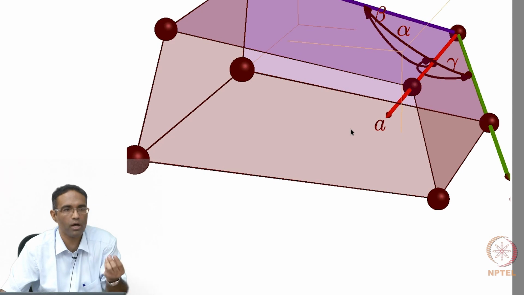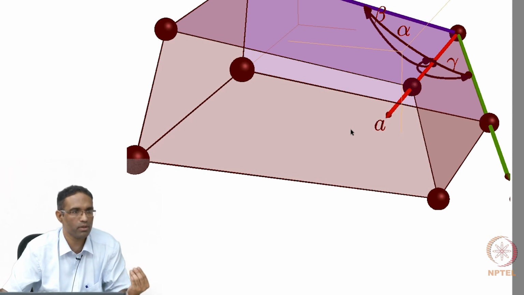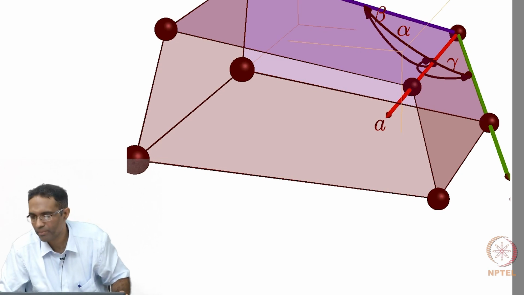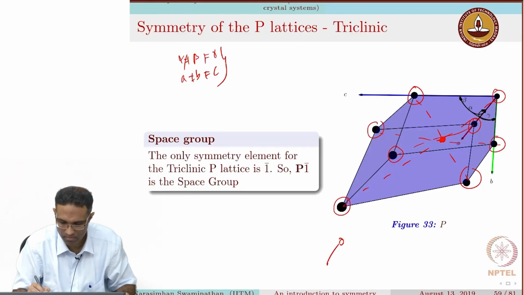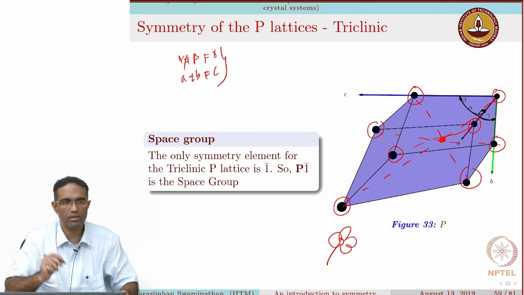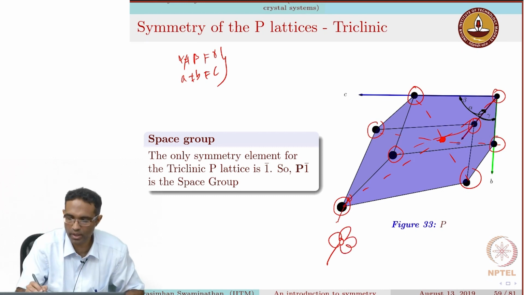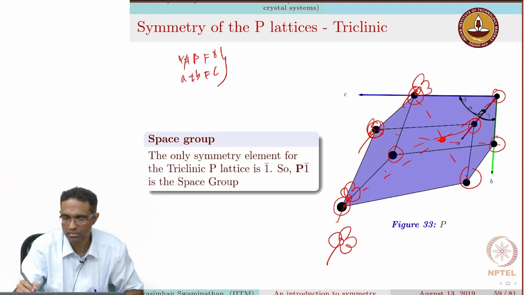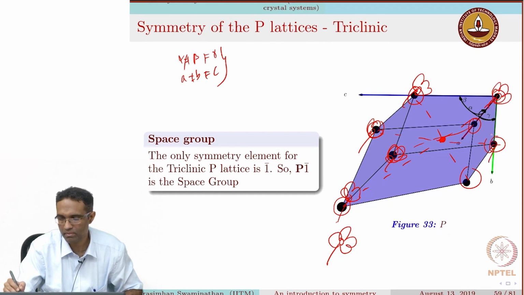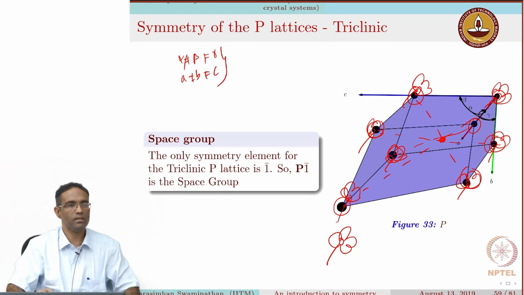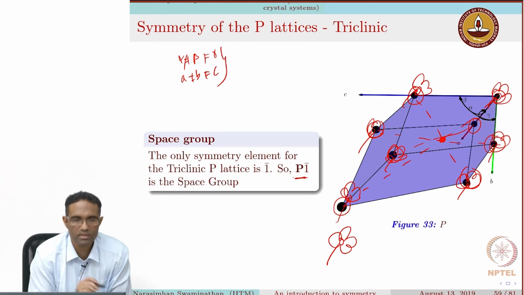For example, if I put an arbitrary flower at that particular location, something like this, always oriented in that manner, then this crystal does not have this as a symmetry.